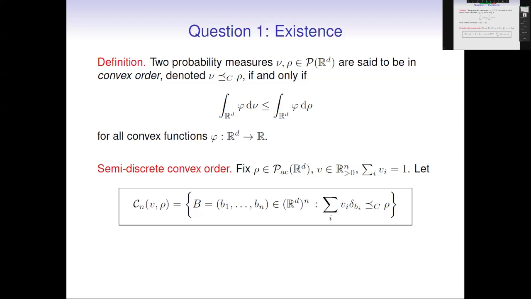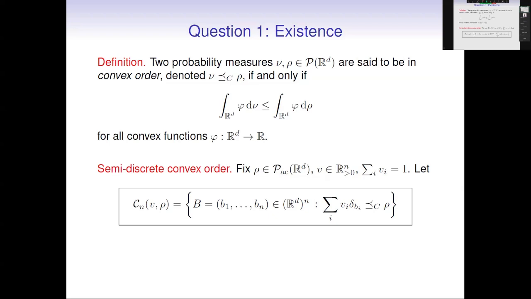C_n(nu, rho) is the collection of n points in R^d such that the discrete measure supported at these points b_i is in convex order with rho. We'll see some examples of points in this set very shortly.